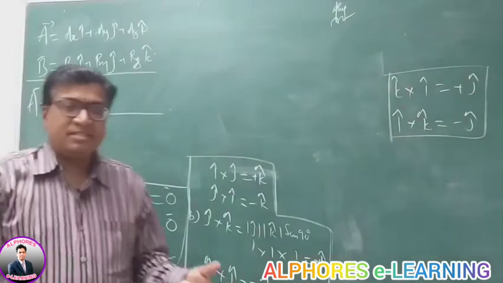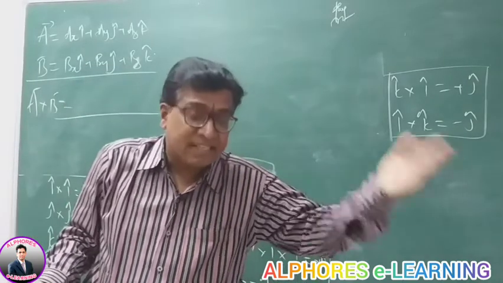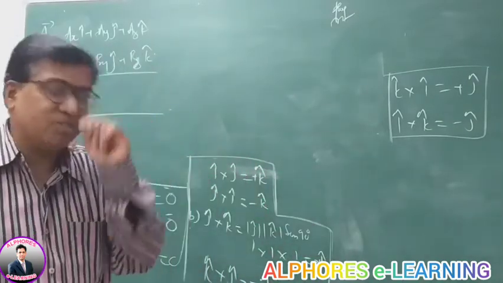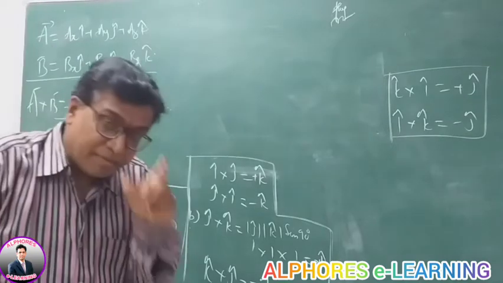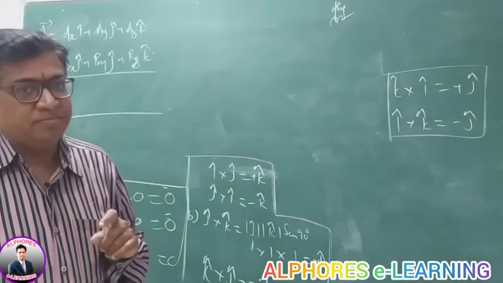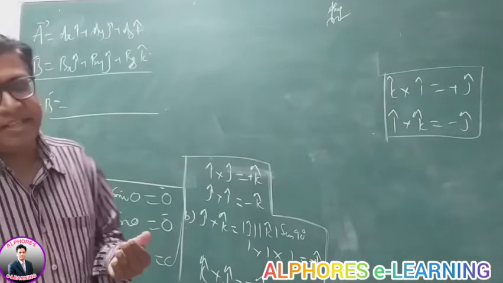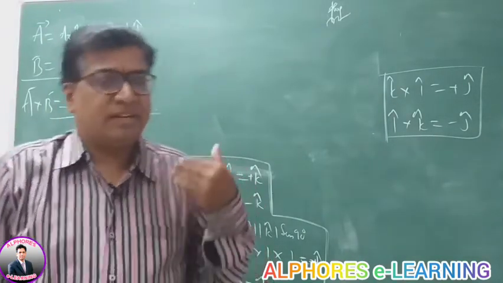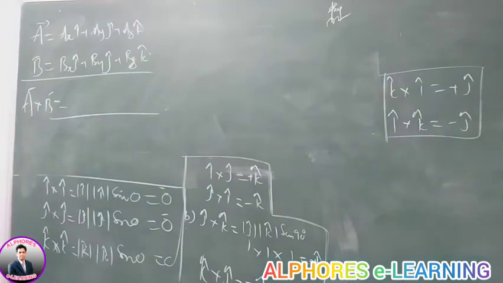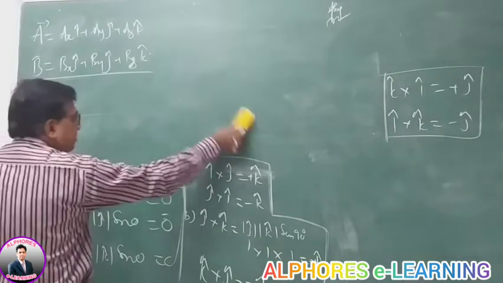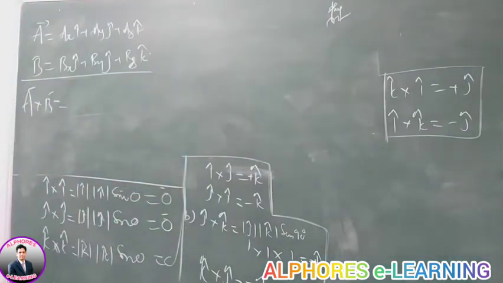Well, A cross B is a vector. You have to get the answer in vector form, so I have to find the magnitude and direction also. Which way? Let's do it. Let us go by the simple multiplication process, multiplying as usual.